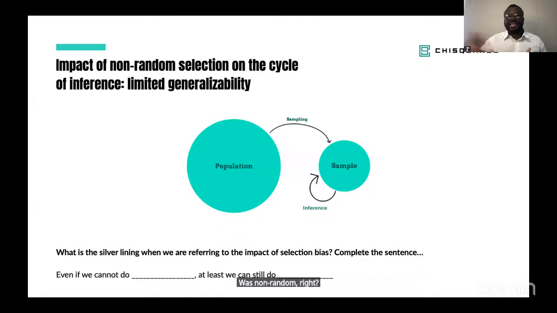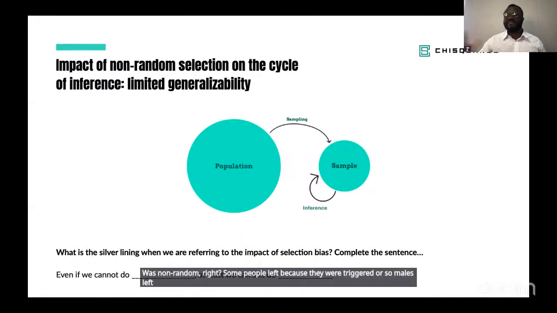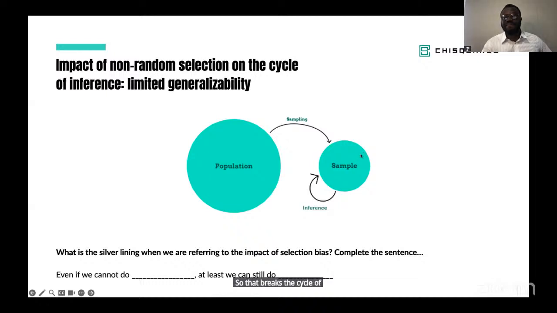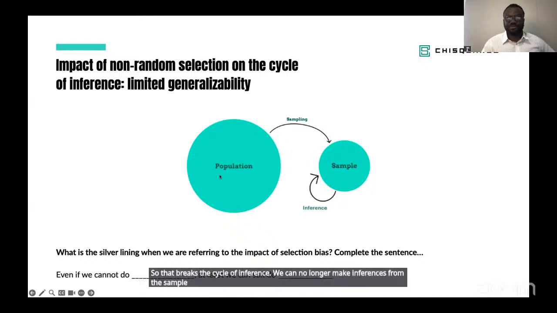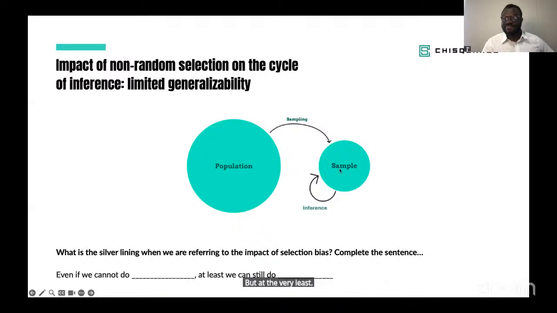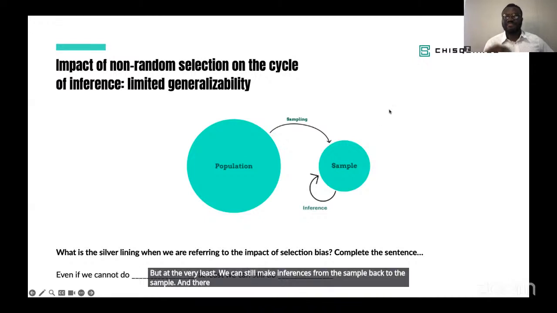So some people left because they were triggered, or males left to a greater extent or females left to a greater extent. And the end result is that the distribution in the sample is no longer that in the population. So that breaks the cycle of inference. We can no longer make inferences from the sample to the population. But at the very least, we can still make inferences from the sample back to the sample. And therein lies the silver lining with selection bias, right?